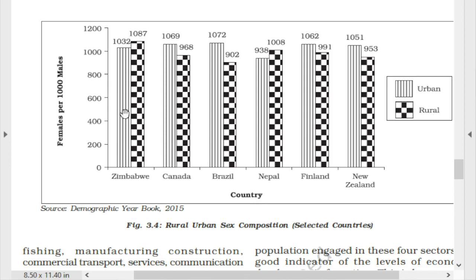So in Zimbabwe, this is the females per 1,000 males. In Zimbabwe, in urban areas there are 1032 females per 1000 people.